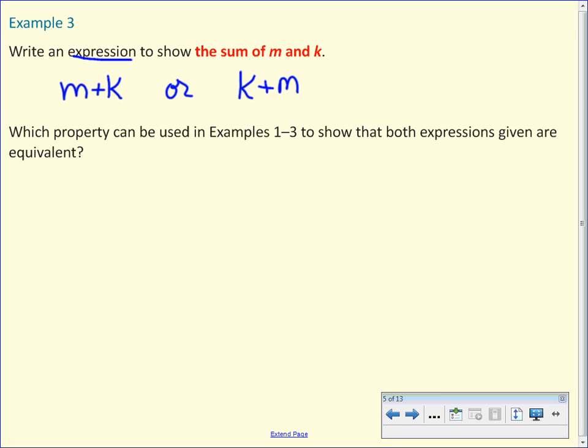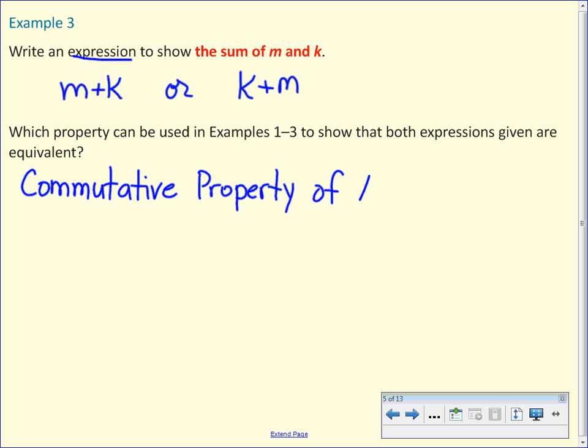How come? What did we say that was called? Right. Commutative property of addition tells us that the order doesn't matter. Okay? Good? Any questions so far?